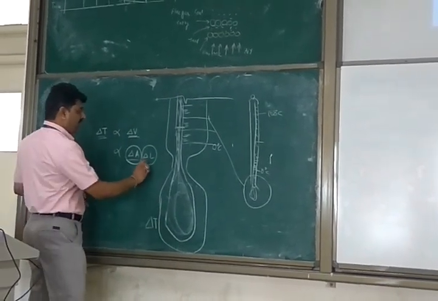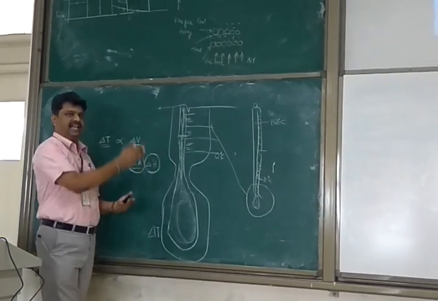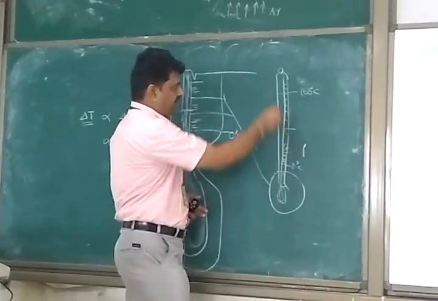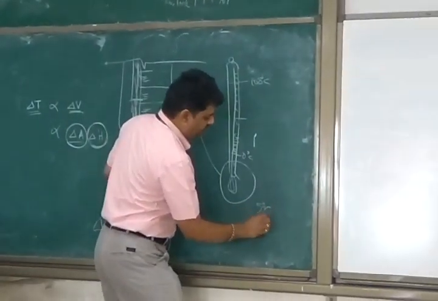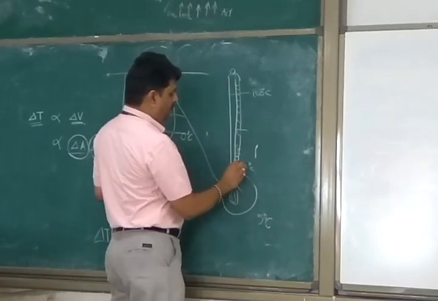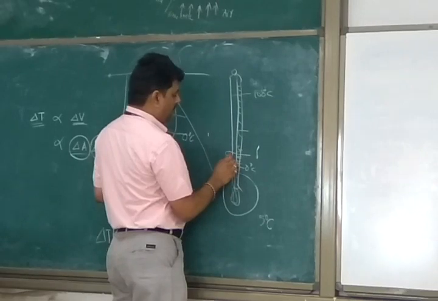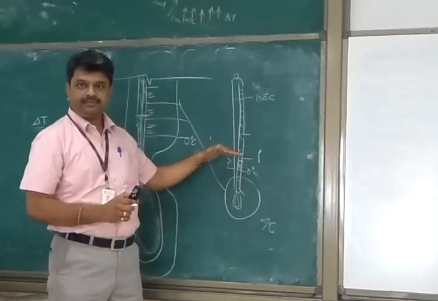I have converted that into change in length. Actually, I can say change in height because it is vertically measured most of the time. So it's a change in height. Now, if I put 5 degrees Celsius, I may have 1, 2, 3, 4, 5. This 5 units of height, the liquid level will go high.